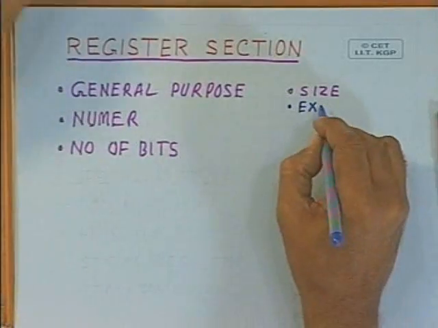That will be decided by the number of general purpose registers available to you, because intermediate results need not be transferred to the main memory. As a consequence, the more general purpose registers available to you, the smaller the number of instructions needed to write a program, and also the execution time will be decided by the number of general purpose registers.